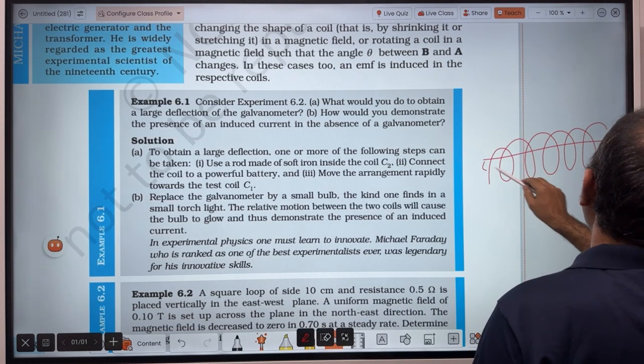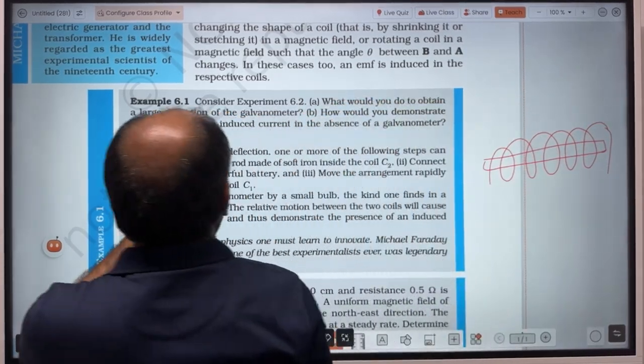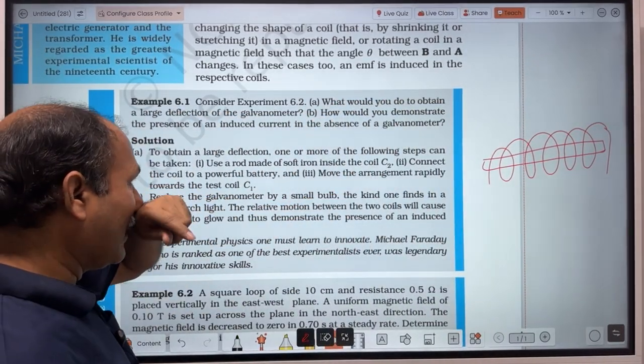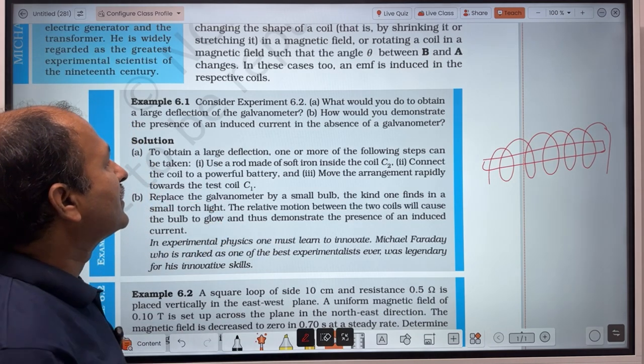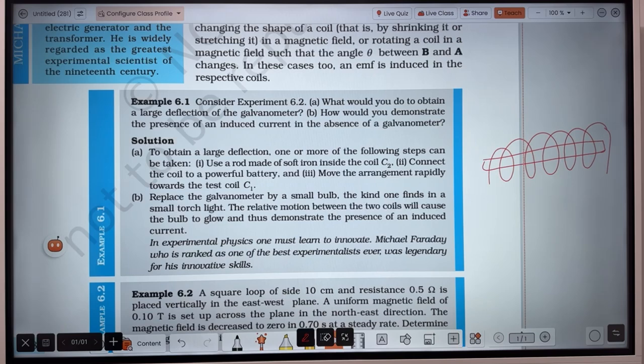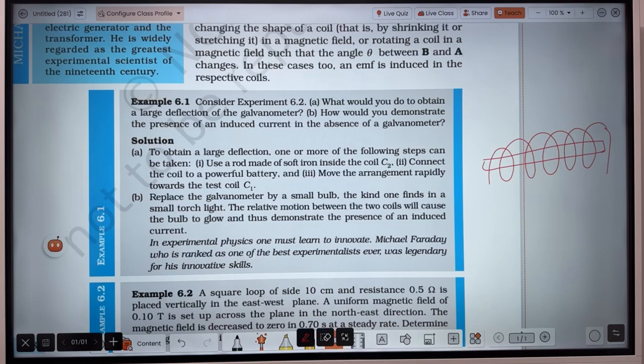Here you have to put a soft iron core, then connect the coil to a powerful battery. If the current is stronger, means if the amount of current is more, in that case also you will see more deflection because more current will be there. And move the magnet rapidly. If the speed is increased, in that case also the flux change will be rapid and hence there will be more deflection.